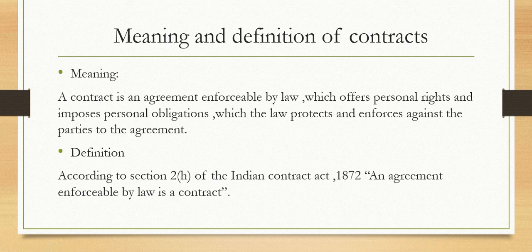Basically, a contract is enforceable by law, which tells us that when both parties have agreed to an obligation or an agreement, it needs to be done. If it is not done, the remedy will be actioned by the law.